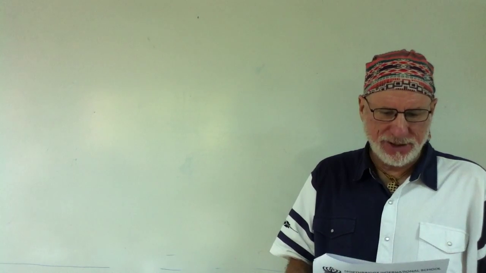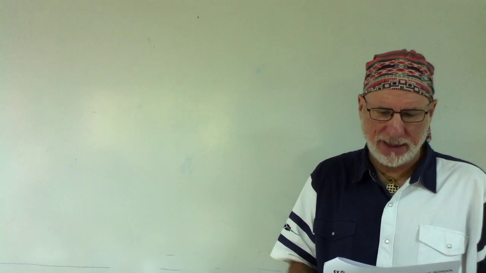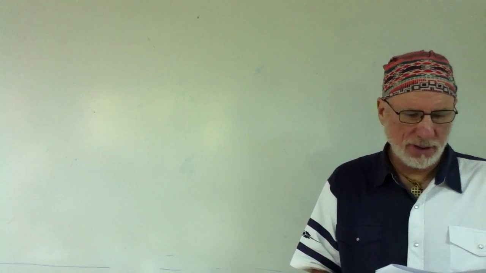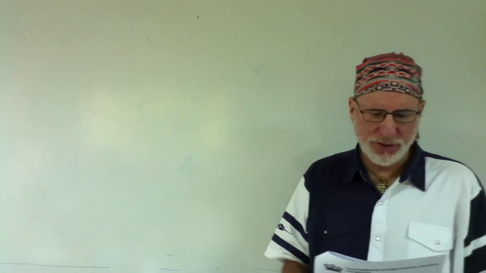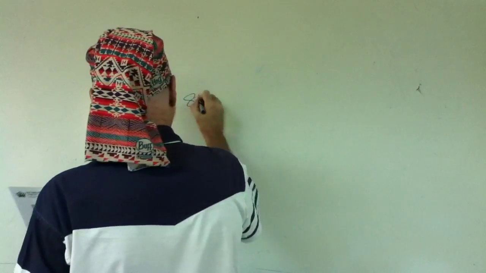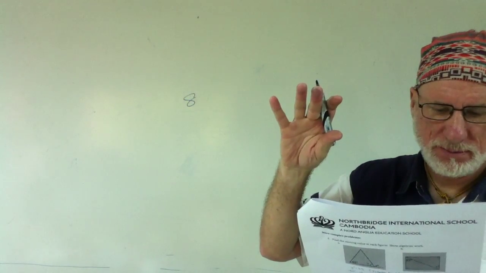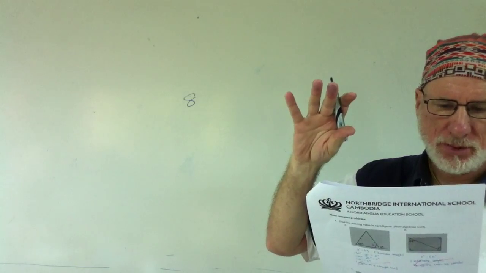All right, it says, determine if the following side lengths could form a triangle. For your problem, be sure to say yes or no. They're all in centimeters, all the same units.